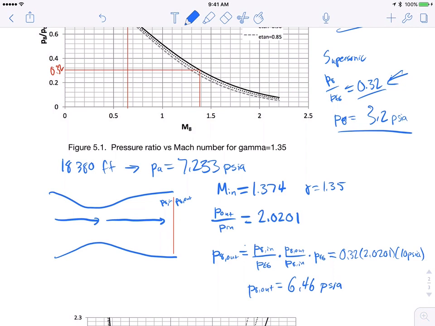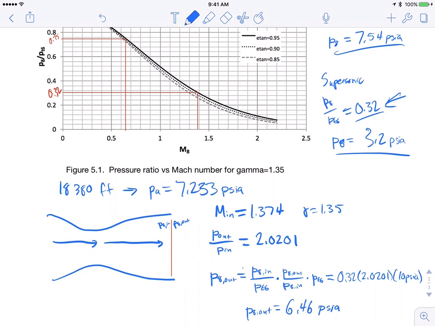So we've moved up a ways from the supersonic pressure of 3.2, but our actual exit pressure to match this ambient pressure of 7.233 is still a little bit higher. So that tells us there has to be a shock wave occurring somewhere in the diverging section of the nozzle. And so we need to be able to figure out where that is.